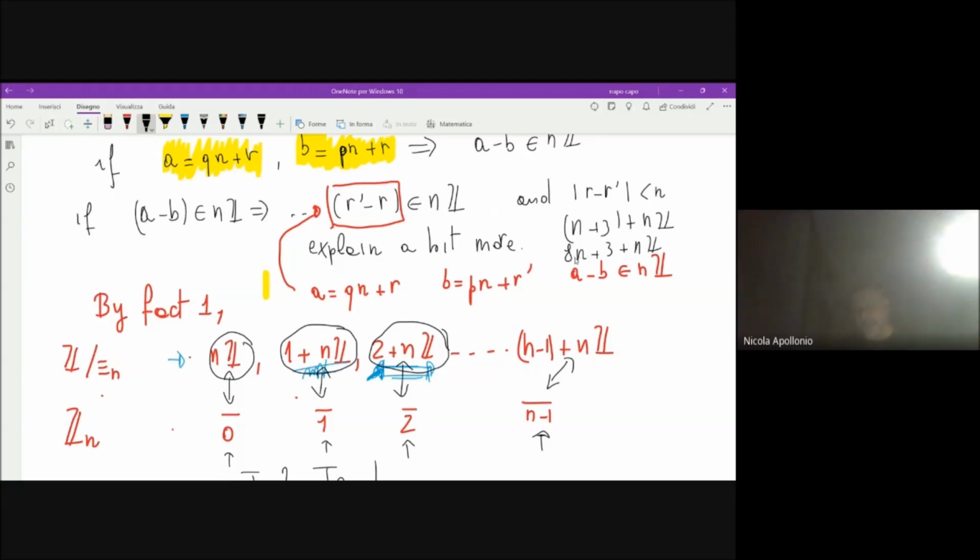This is a multiple of n, so it is already in. What is left? 3. And indeed, it is the remainder of the division of 8 times n plus 3 by n.